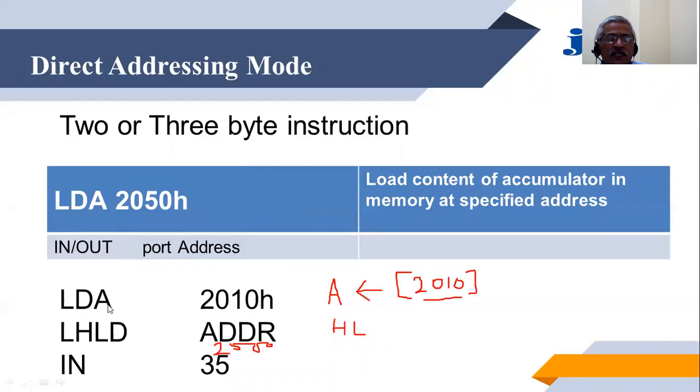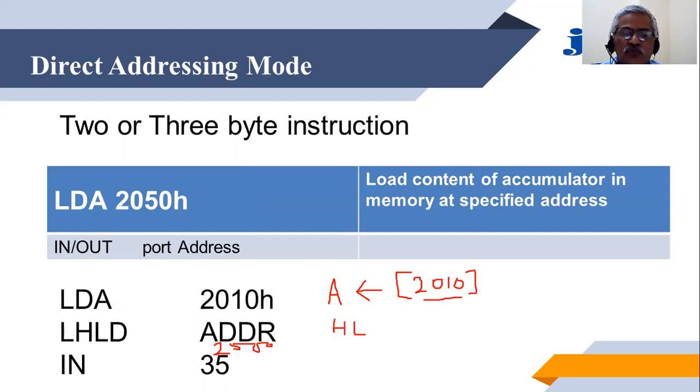For example, LDA 2010: we will load the accumulator A from the address which is a direct address given in the instruction, 2010. So the net effect of this instruction will be to load the value from the address 2010 into A. Similarly, the instruction LHLD will load the HL pair from the address which is part of the instruction.